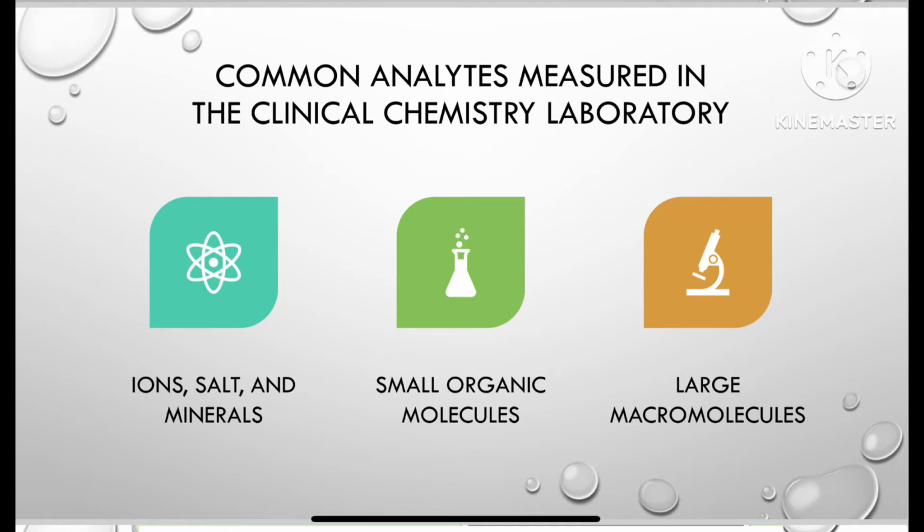Those are ions. But for salts, remember your sodium chloride, potassium dichromate. So we also test for those. How about the minerals? Sure, you don't know? The important minerals of our body include calcium, iodine, magnesium, phosphorus, sodium, zinc. Those are examples of minerals of our body.